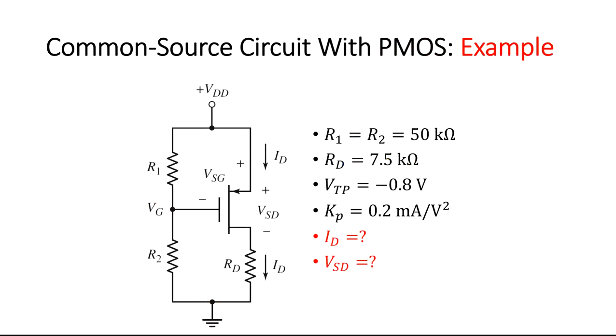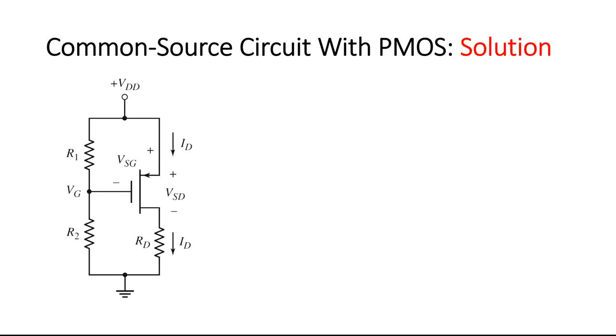In the example, for the given circuit, the drain current and the source to drain voltage need to be calculated. Let us first calculate the unknown parameters by assuming that the transistor is in the saturation region.